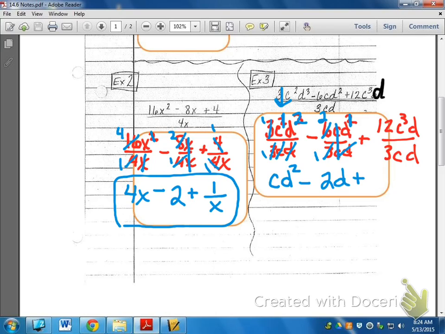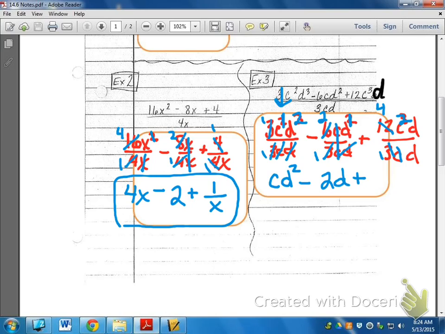Then I put plus 12 on top and 3 on the bottom. I can divide out a 3, so this becomes 4 and this becomes 1. I have 3 c's on the top and 1 c on the bottom. How many am I canceling out? So this one's gone completely, and my c to the third becomes what?